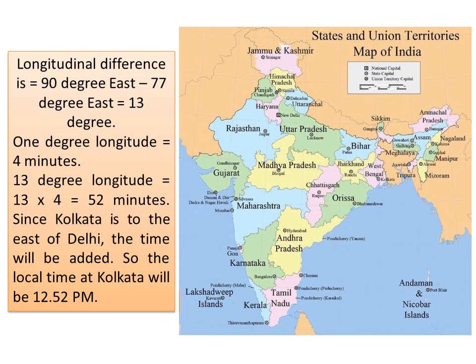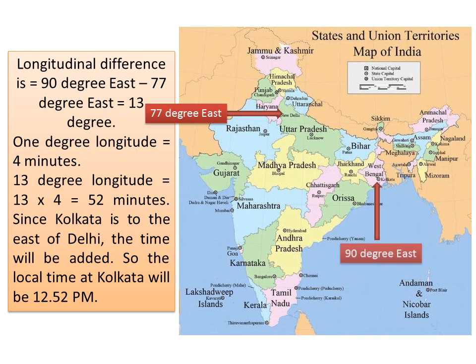Here is the map of India showing the location of New Delhi and Kolkata. So here we have Delhi at 77 degrees east longitude and this is Kolkata with 90 degrees east longitude. So we have to find out what is the local time at Kolkata when the local time at Delhi is 12 noon.